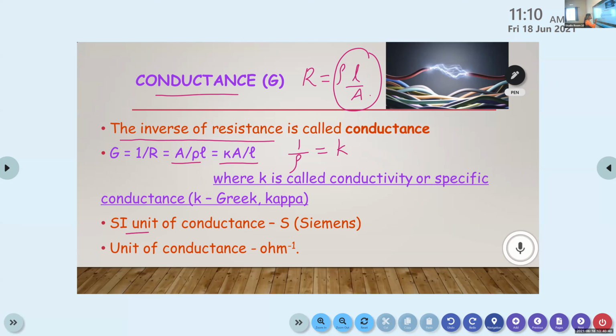The SI unit of conductance is Siemens, and its symbol is S. We can also write the unit of conductance as ohm inverse, because the unit of resistance is ohm and conductance is the inverse of resistance. Siemens is the unit of conductance, and along with that you can also use ohm inverse.